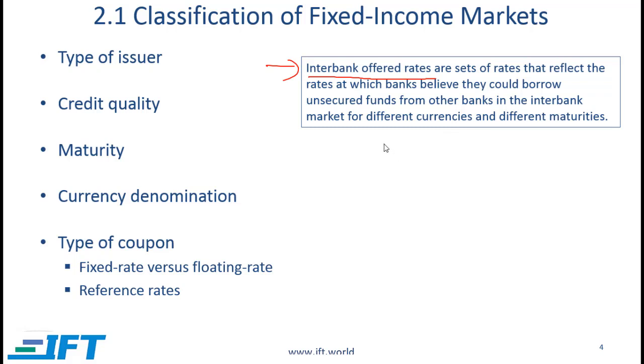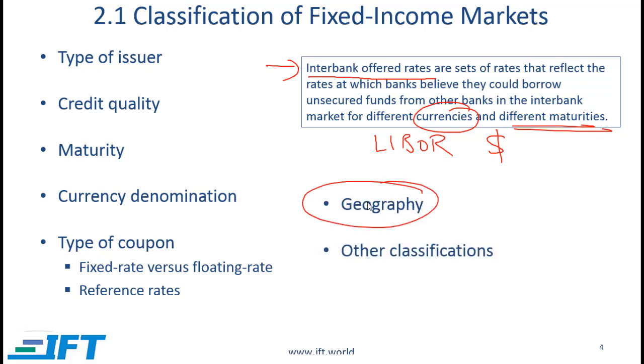The most commonly used interbank rate is the London interbank offer rate. The currency here is the dollar, and if you look at the financial newspaper, you will notice different LIBORs. There will be a 30-day LIBOR, 60-day LIBOR, 90-day LIBOR, and so on. So notice the different maturities.